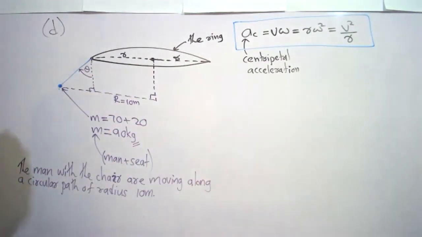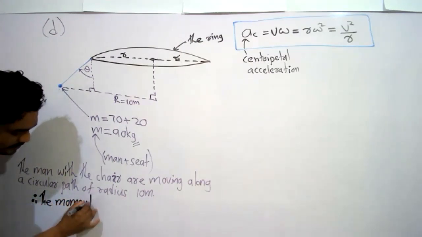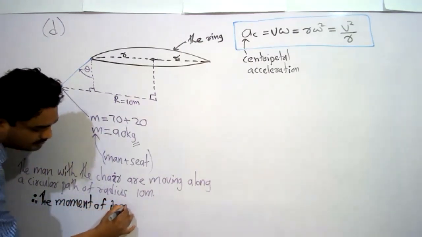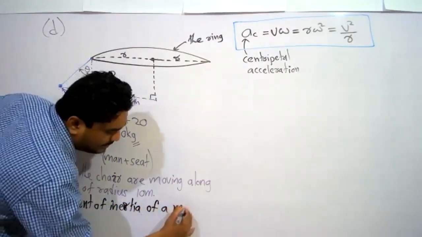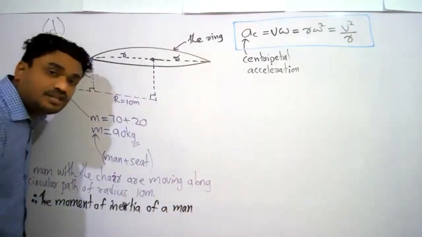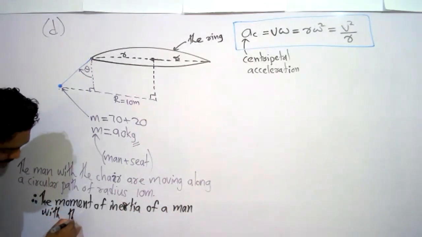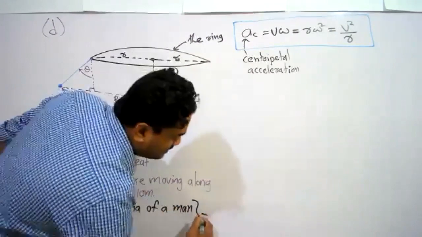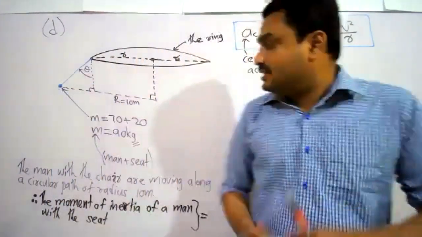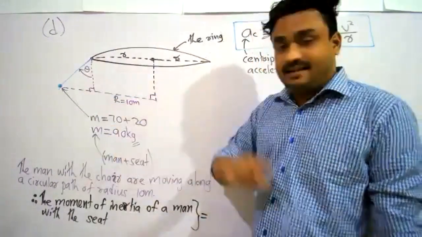Therefore, what should be the moment of inertia of a man with the seat? How do you find it? Now you can consider that the man and chair is a point mass of mass 90 kilograms.